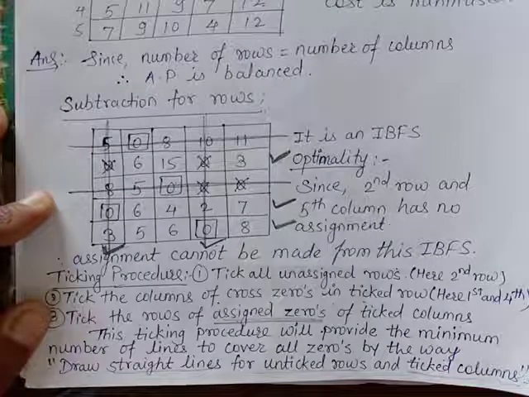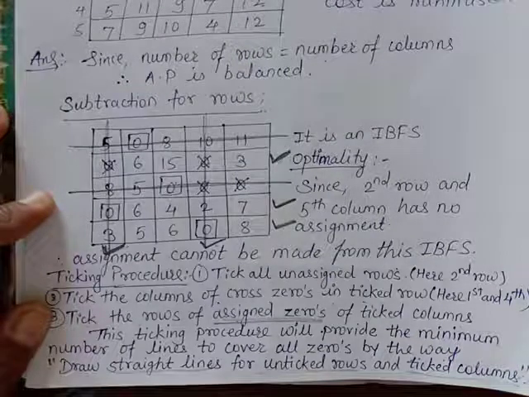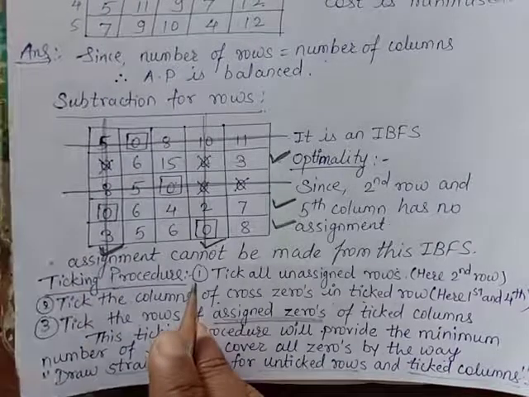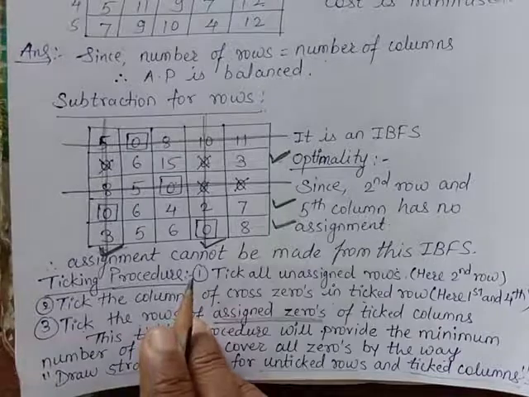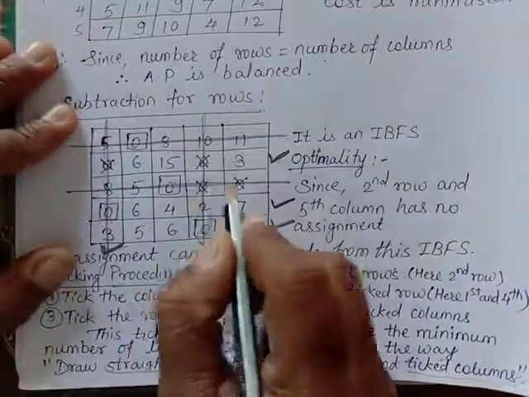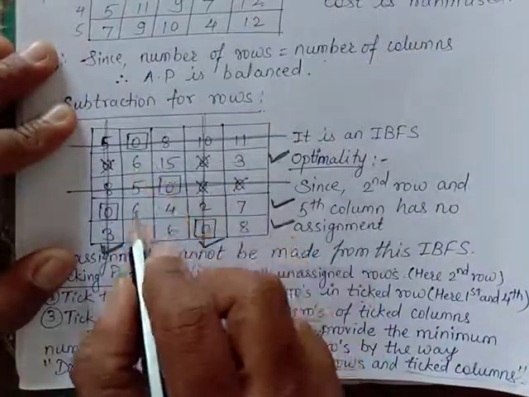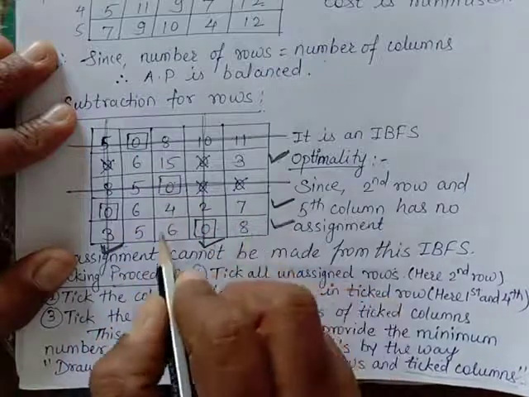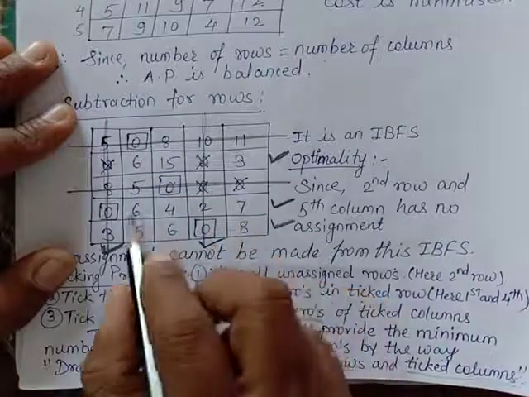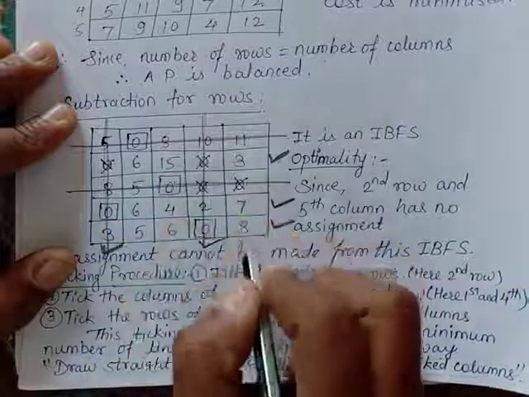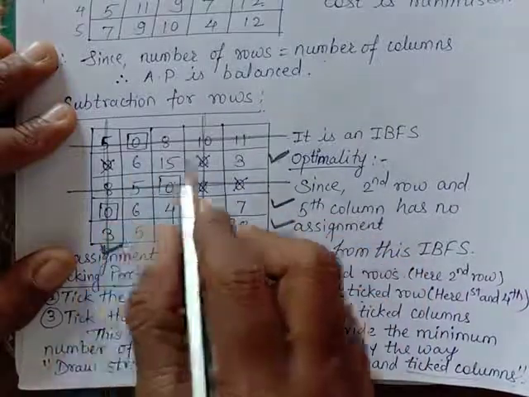Now from this we will get the improved table. What was the improved table? In the improved table, as you know, we did it in the previous example. So in the improved table, what we have to do is find the minimum among these uncovered entries.